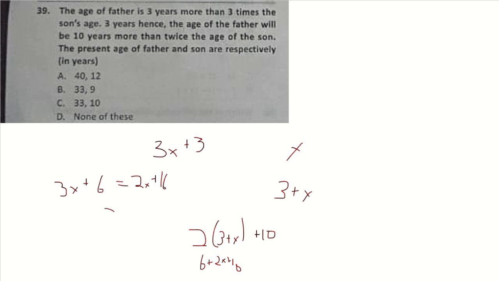Therefore by solving this we get x is equal to 10, which is the current son's age. We also have to fact check, because this option could have been 34, and so just going off by this 10 is not good, we should not do that. So 10 into 3 is 30 plus 3 is 33. Therefore option C is the correct answer.